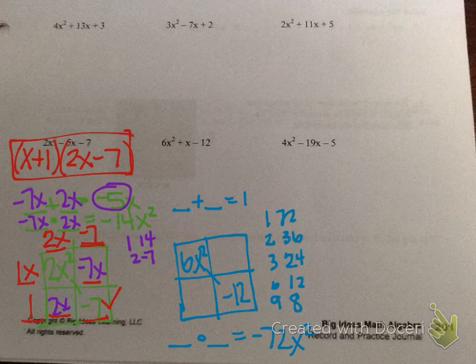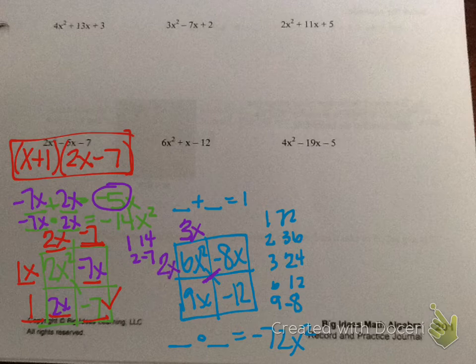When we do 8 and 9, we can definitely make positive 1 if the 9's positive. So I need negative 8x and 9x. It also doesn't matter which spot you put the negative 8 or the 9. You would end up factoring correctly either way. So 3x can go into both 6 and 9.